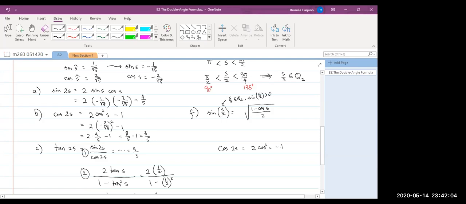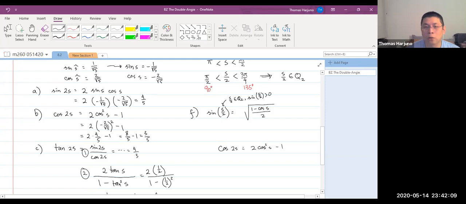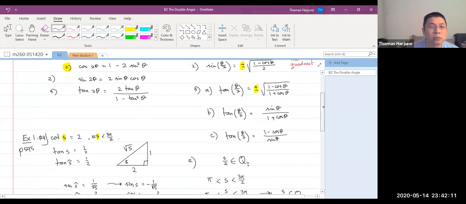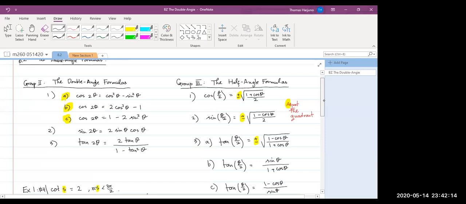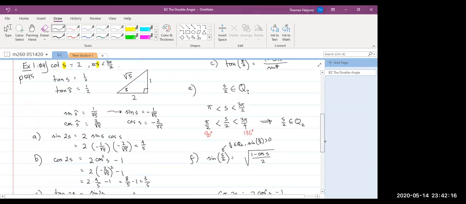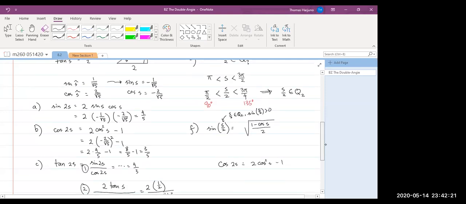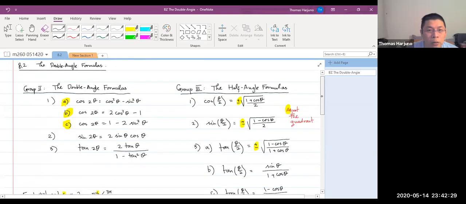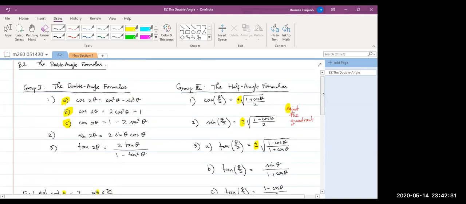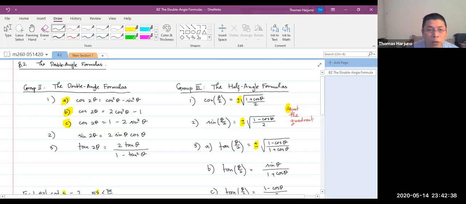Here is fine, but go down, you put 2 cos square minus 1, and up you put 1 minus 2 cos square. Yeah, cos 2 theta is 2 cosine squared theta minus 1.